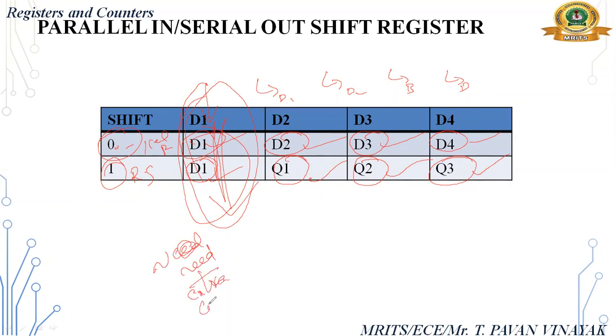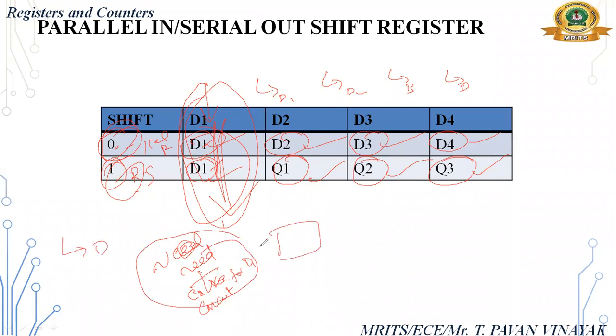No need of extra circuit for D1, because whenever shift is 0 or shift is 1, it is always D1. So no need of extra circuit. Directly give input to the flip-flop.